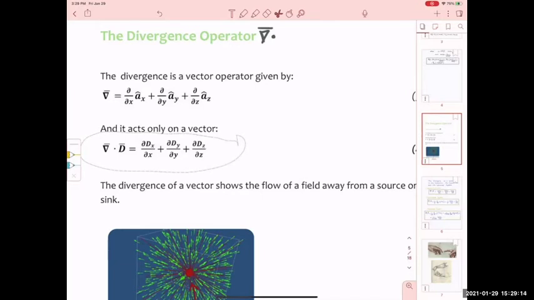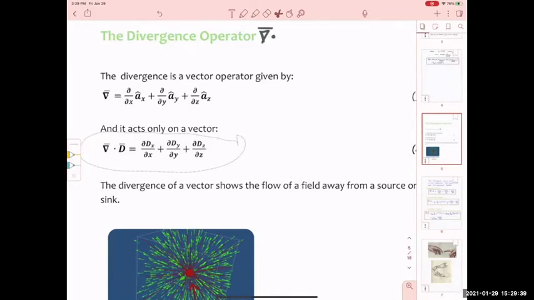So as opposed to the gradient, which is a vector, the divergence is a scalar. And what does the divergence do? The divergence finds for you the combined effect of the changes of a vector.